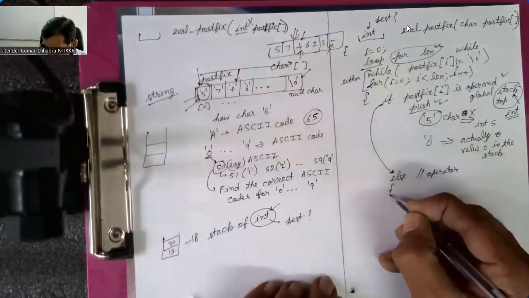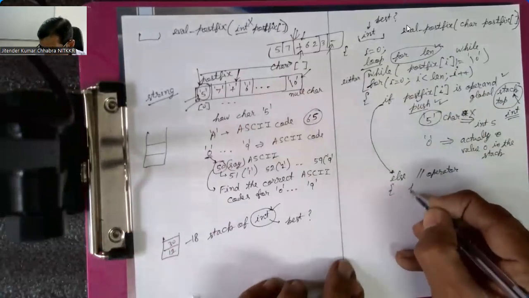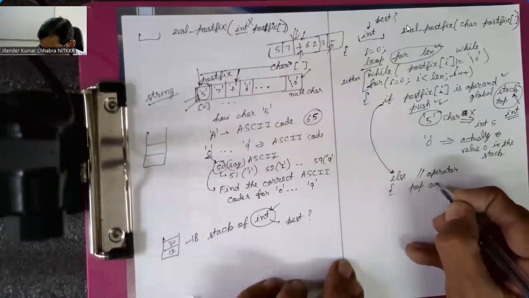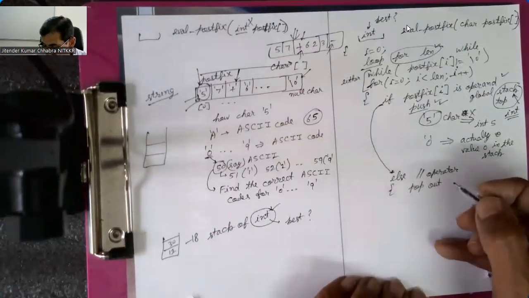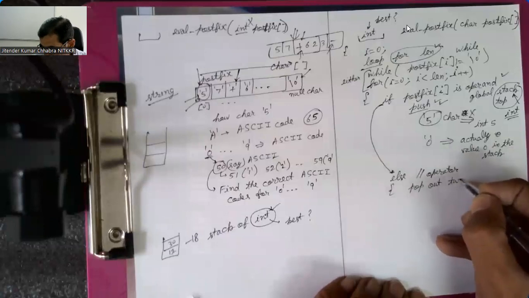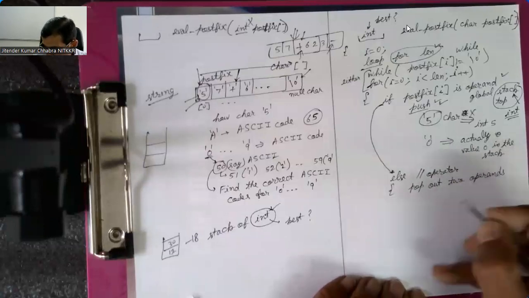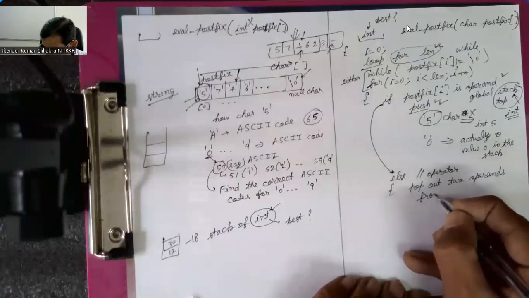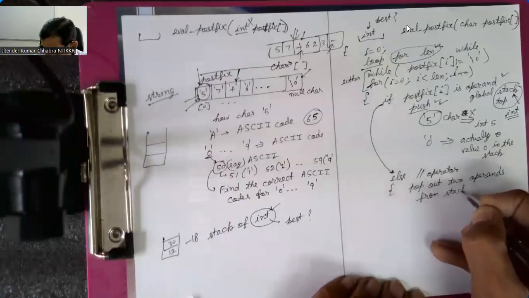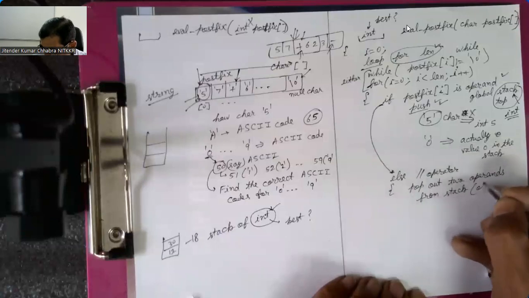So I have to pop out two operands from the stack and ensure the ordering of these operands. They are integers now, obviously. Let's say they are saved into two variables named operand1 and operand2.